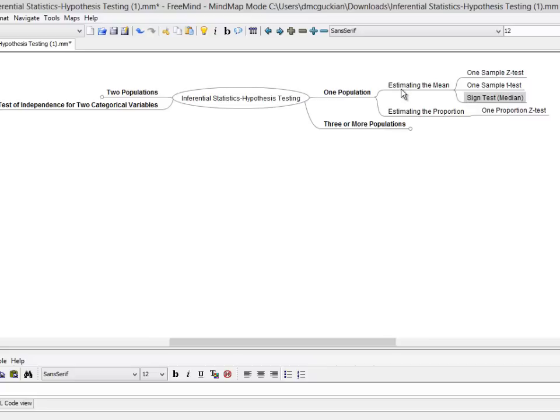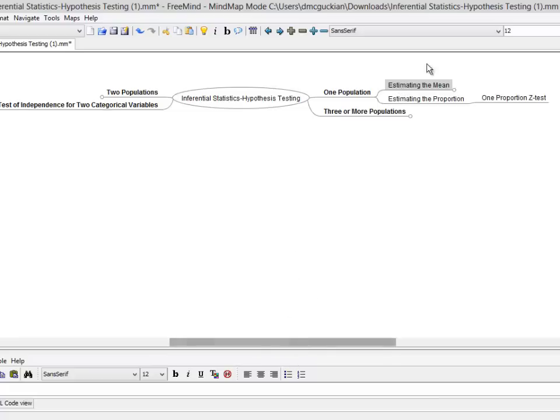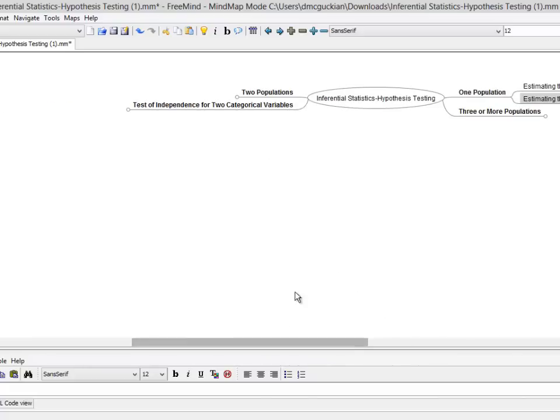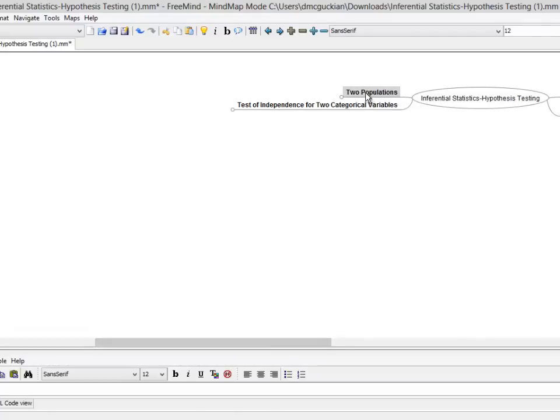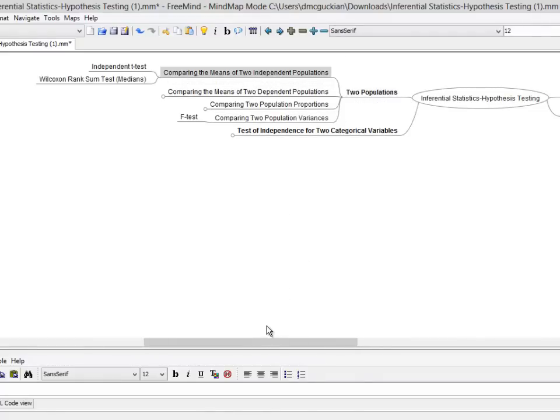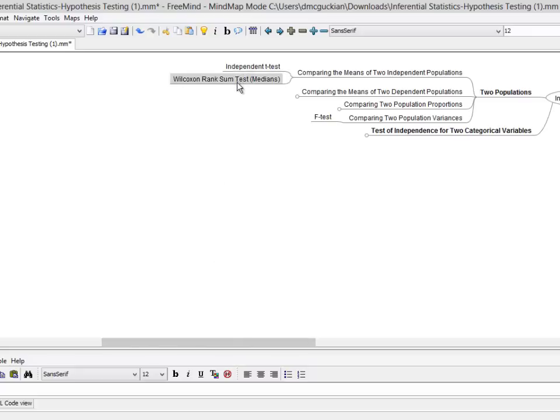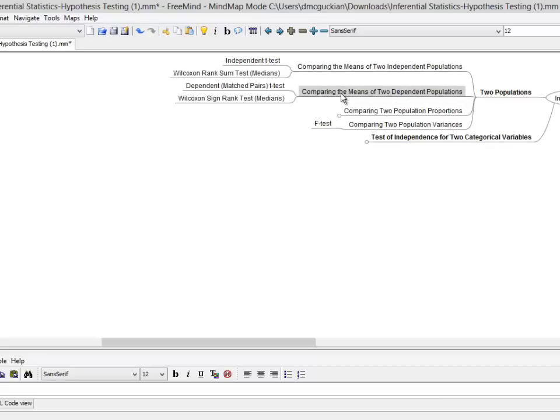All right. The other thing you want to do is make connections between procedures in terms of what they're intended to be used for and how they're similar in that regard. For example, when I look at independent groups here, we know that the independent t-test is similar to the Wilcoxon rank sum test. They handle the same kind of data. And we know that the dependent matched pairs t-test is related to the Wilcoxon signed rank test, right? This is just the non-parametric version of that one. So if I asked you a question where I said the independent t-test is to the Wilcoxon rank sum test as the dependent t-test is to the, you would want to answer Wilcoxon signed rank test, because that's its replacement.